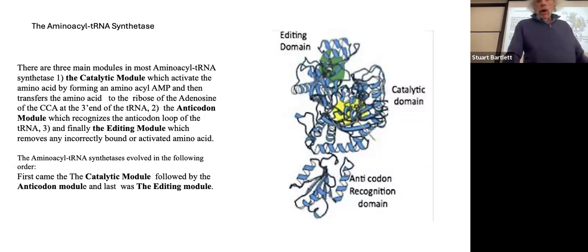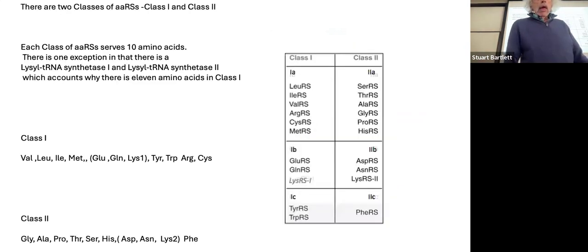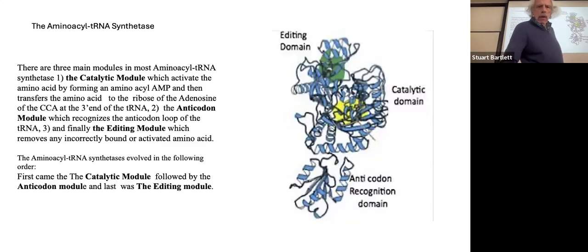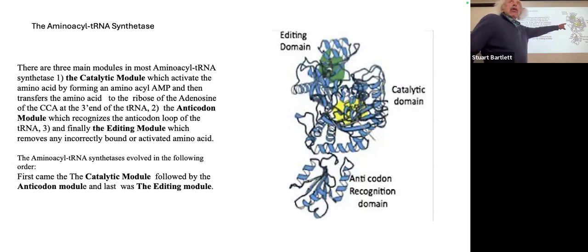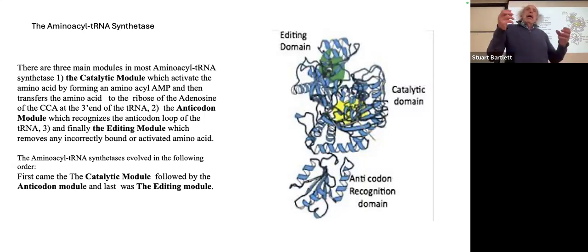Well, here's what I showed you about the aminoacyl tRNA synthetases. There are three major catalytic domains. There is the catalytic domain where the amino acid is activated by ATP and then put onto a tRNA, especially the CCA part of the tRNA, which I'll show you.